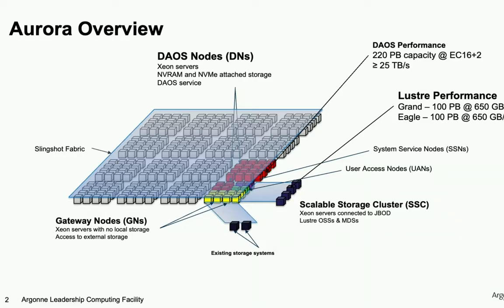They're each 100 petabytes and have a nominal top-end performance of 650 gigabytes a second. The only difference between these file systems is that Eagle has some additional features in Globus where you can share your project data with other members using Globus credentials who may not have access to Aurora directly. Otherwise, all the hardware and Lustre aspects are identical.